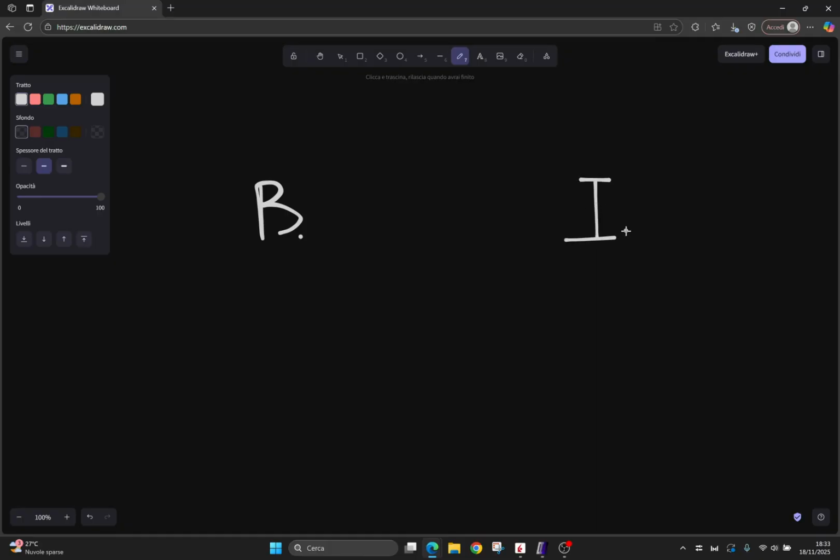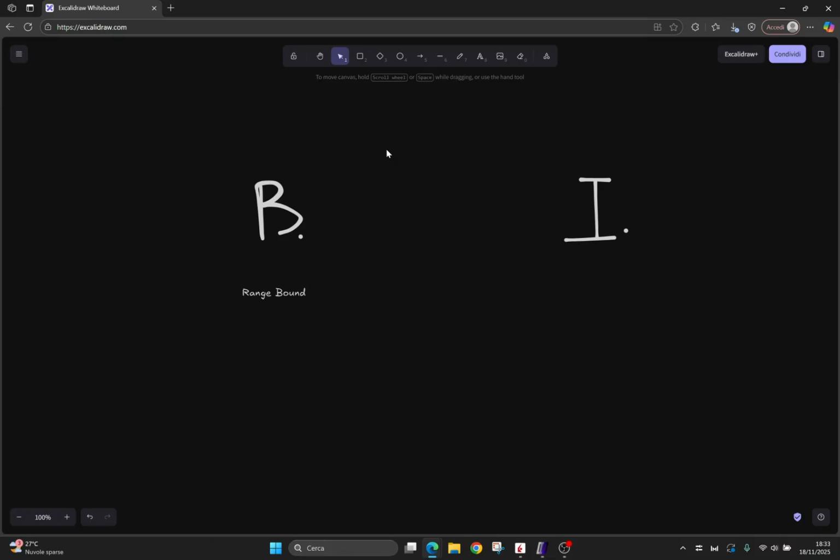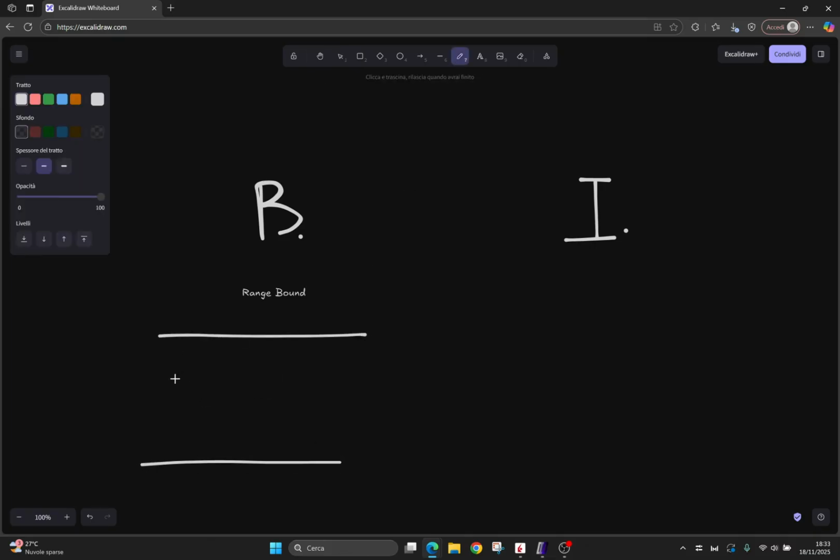How do I trade? In the balance regime, I go range bound. I try to fade the move. So if the market is agreeing on what they are doing, this is the shape for the day.